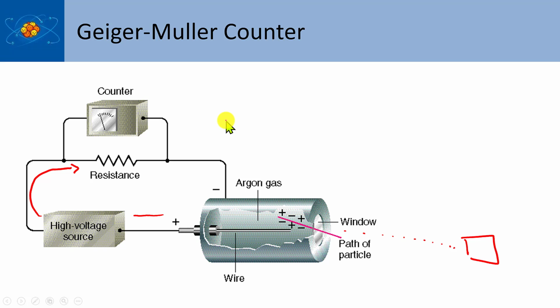Okay, so that's a Geiger Muller counter. So anyway, it can detect particles like alpha, beta, and gamma particles that create ionization inside this chamber. Because of the nature of the way the ions are generated, it can't actually distinguish between the different kinds of radiation because they all produce the same kind of signal.